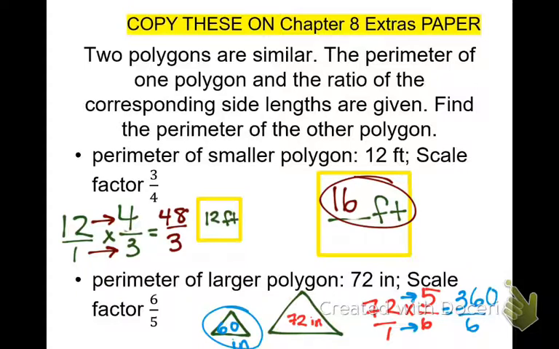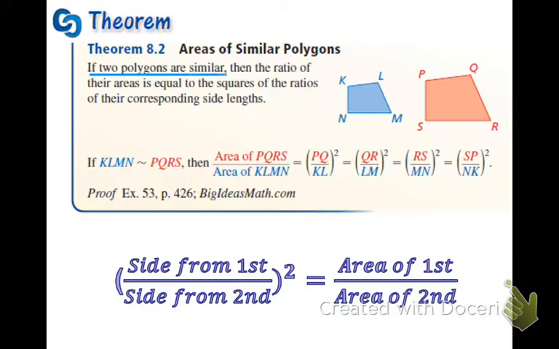We're going to go back to our notes, page 5. We're almost finished. Page 5 is it. So you're going to write off to the side. There's this big blank space. You're going to write area of similar polygons. And then the formula is at the bottom.